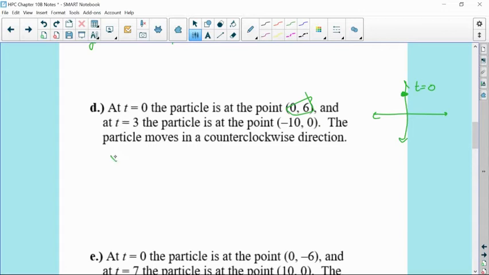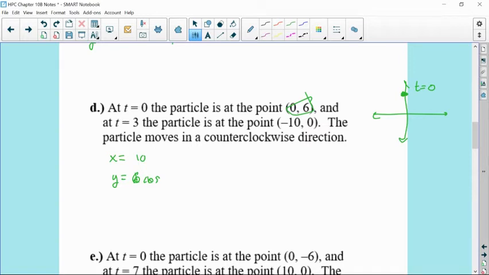So I'm going to start with y is equal to 6 cosine. And notice that the 6 is still with the y because 6 is modifying how far you're going in the y direction. 10 is going to modify how far you're going in the x direction. So those can't change. But what can change is the cosine or sine function, because depending on when you get there is what function you would have chosen.